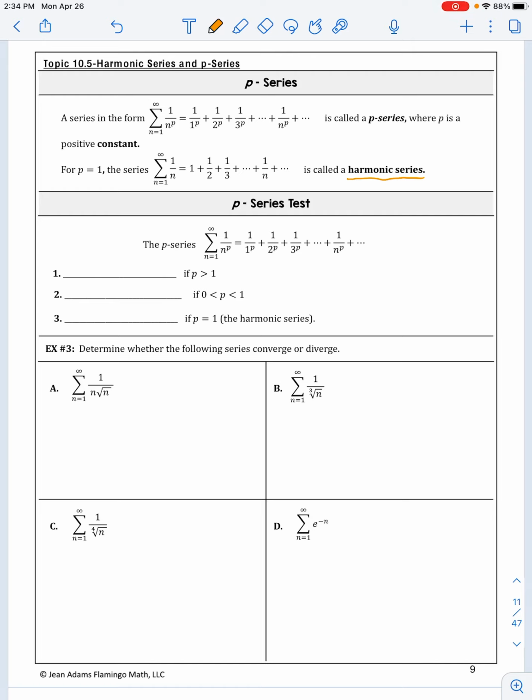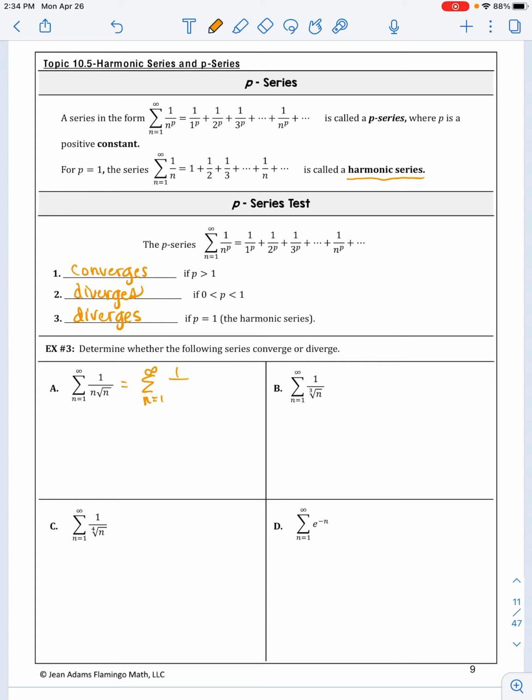But if P is greater than 1, this is our P series test: if P is greater than 1, the P series converges. If P is between 0 and 1, it diverges. If P equals 1, it diverges. That's called the P series test.